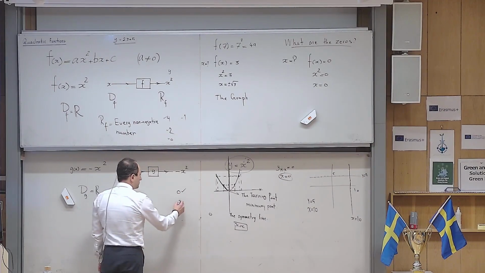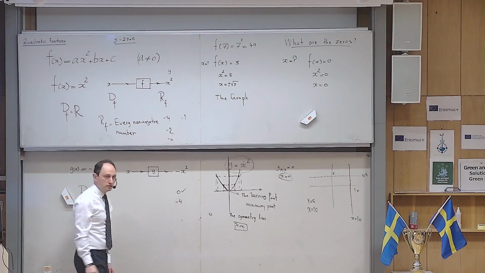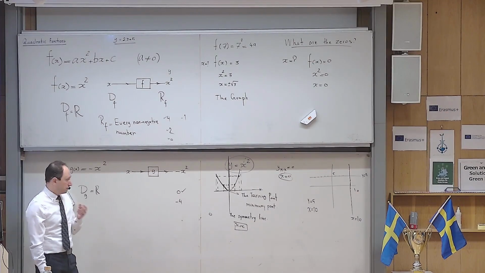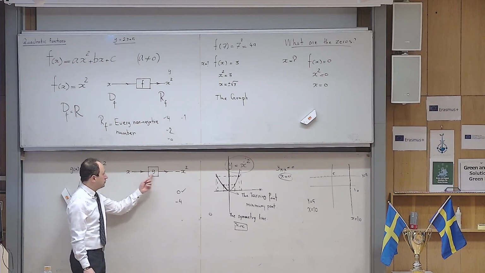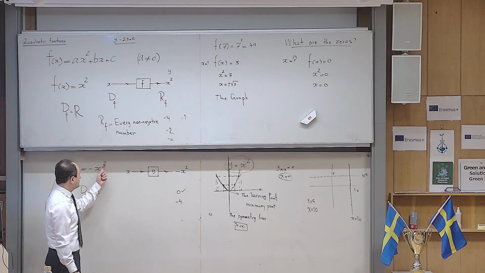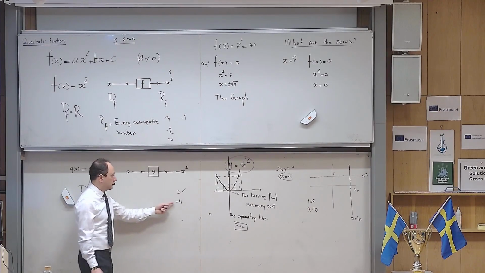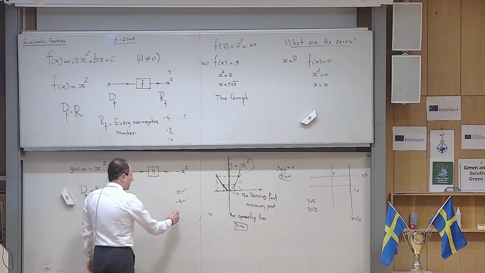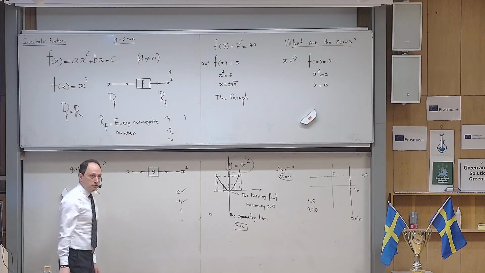Is minus 4 in the range? Yes. For which input? For example, 2. If I send 2 in, the answer becomes 2 to power 2, 4. There is a minus sign here, it becomes minus 4. So minus 4 is in the range. But do you think that 1 is in the range?